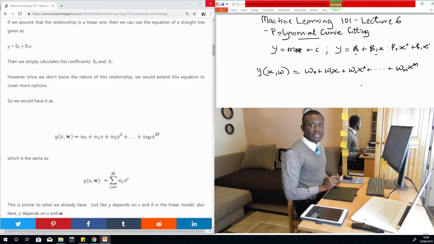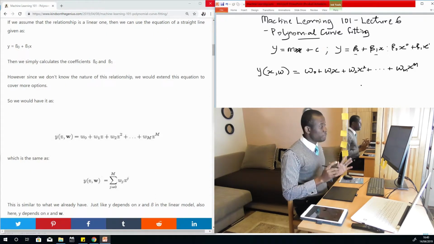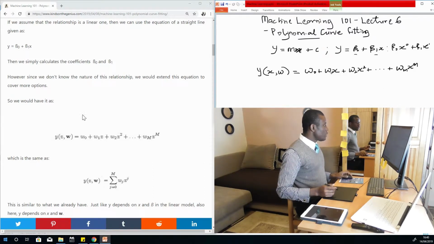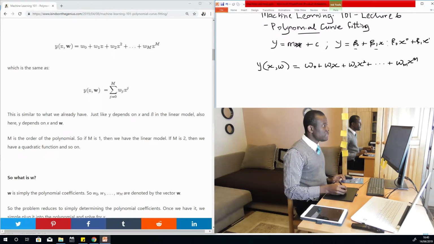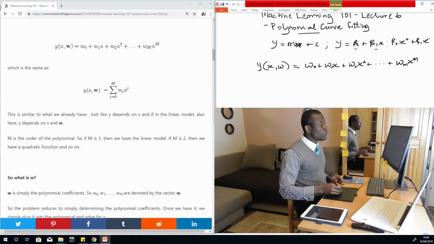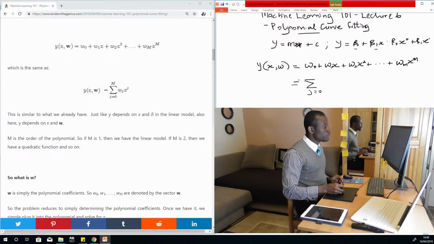Now it looks a bit tough, but this is actually very easy. It's about the same thing we have before. And now if you look at it in the procedure page, you can see that this equation is the same as, let me write it out. If you use the sigma notation for summing up all the elements, we are summing up for j equal to 0 to m, wj x to the power of j.